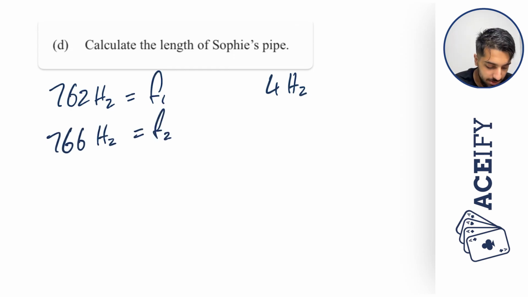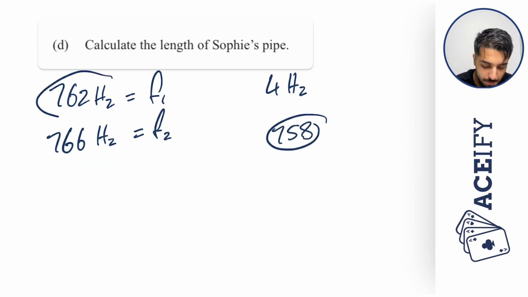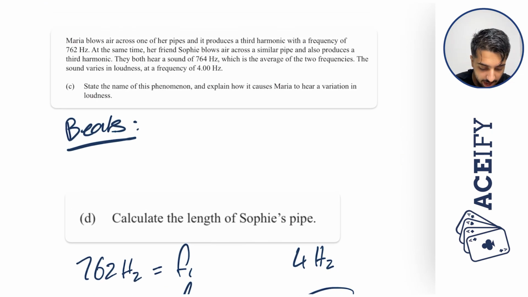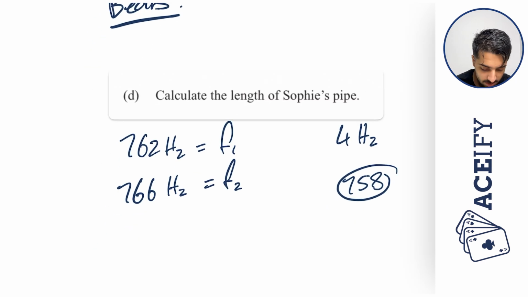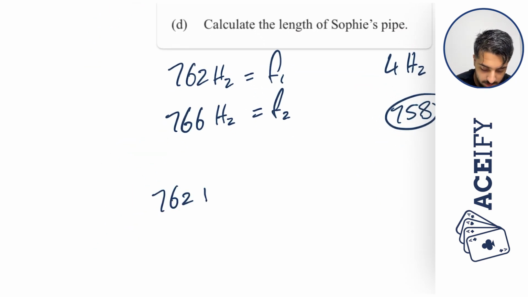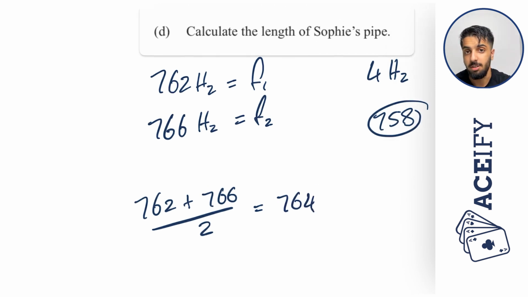The reason why we know it's 766 and not 758, where I got 758 from 762 minus 4, is because we know that the average frequency is 764. And so if we do some math, (762 + 766)/2 is equal to 764. And so that's how I got it.